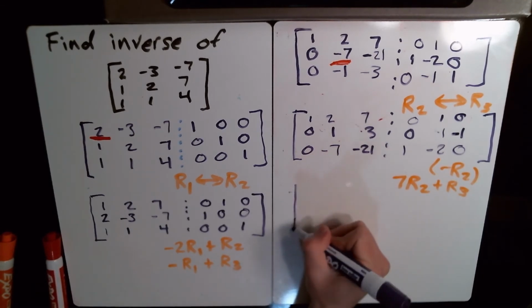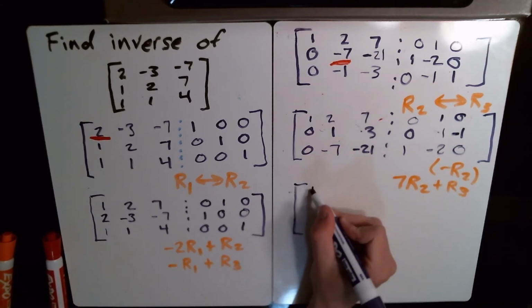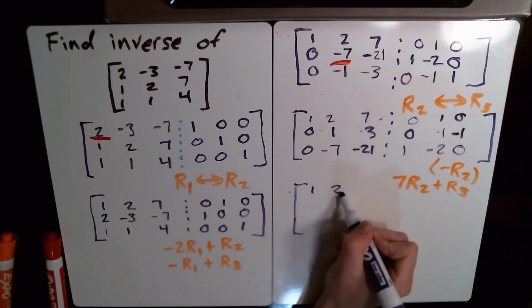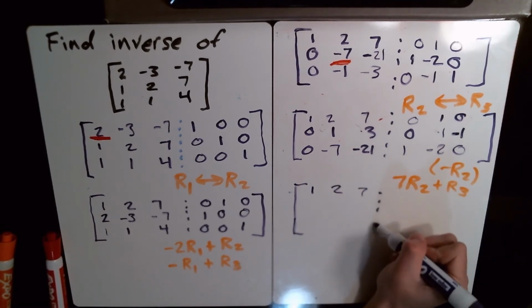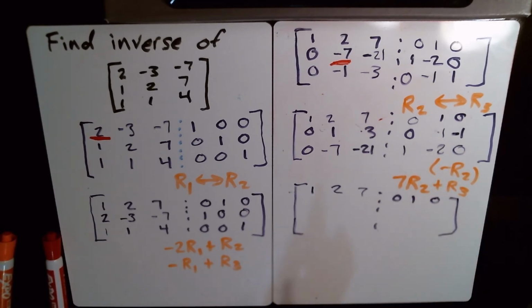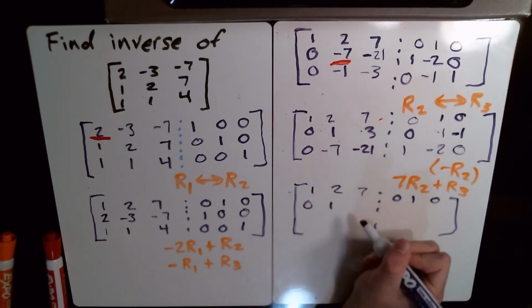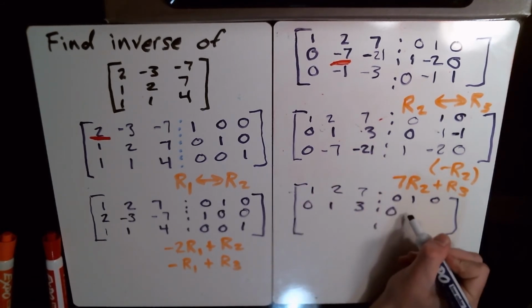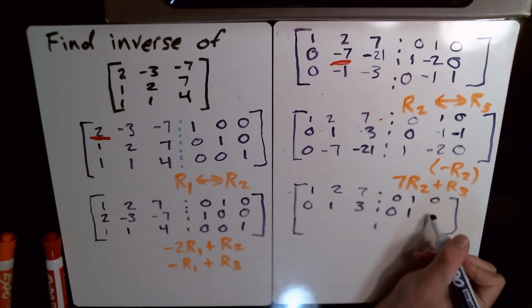Okay, what do we get when we do that? We get, well, the top row stays the same. And then our middle row stays the same. It's just our last row that's changing.